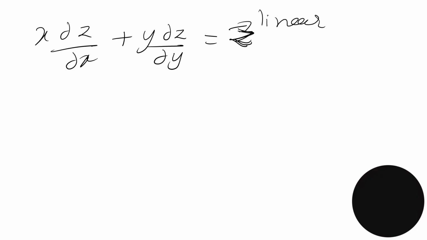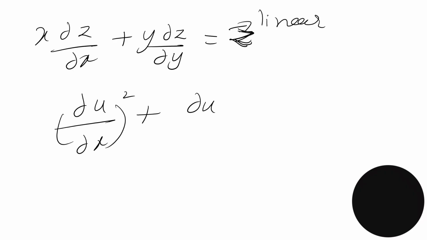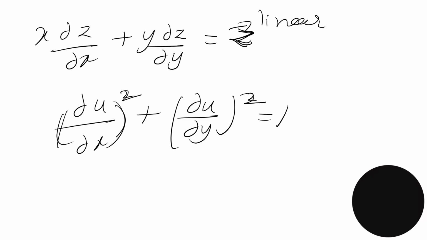Therefore, this is linear. Next one, for nonlinear: dou u by dou x whole square plus dou u by dou y whole square equal to 1. Because this has the whole square, this is nonlinear.